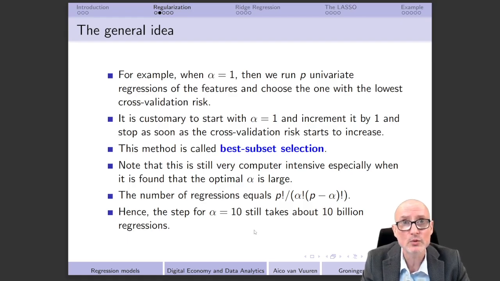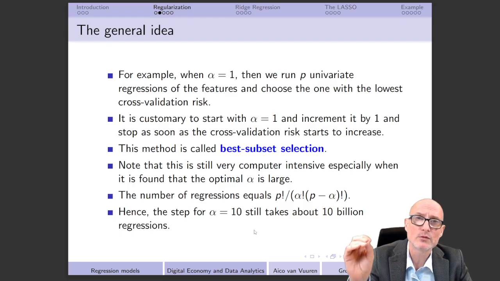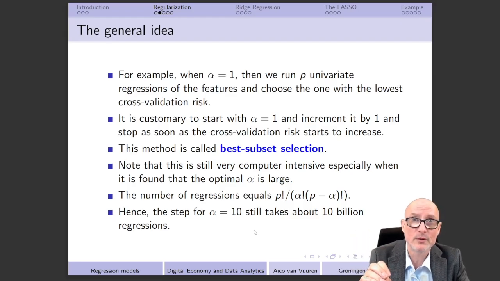Because take into account that if alpha is equal to 1, then it is indeed the case that we can only run p univariate regressions, because what we can do is first of all run a regression of yi on a constant and the first feature that we have. Then we can run a regression of yi on a constant and the second feature.